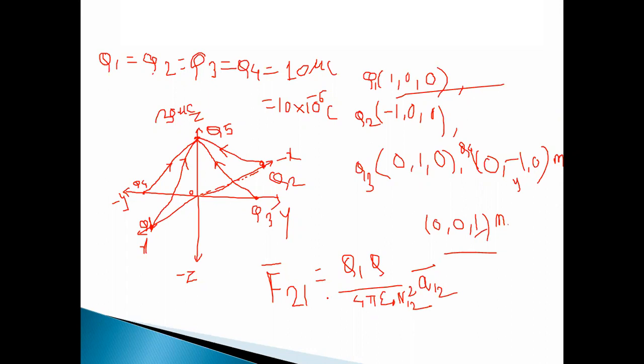Similarly, due to charge q2, F bar 5-2. Similarly, you can write for q3 and q4. This means we have to find the total force acting on charge q5, so we have to add all these forces here.